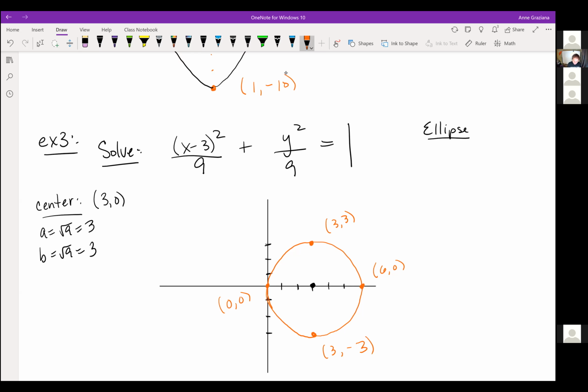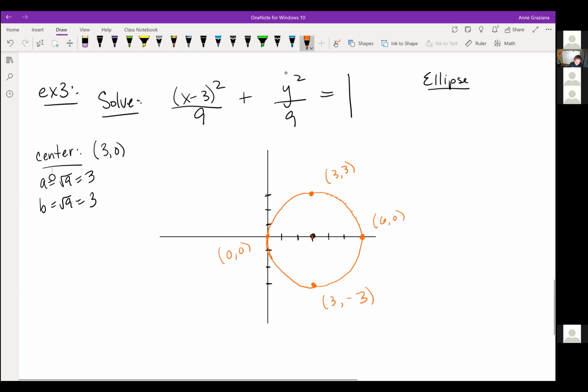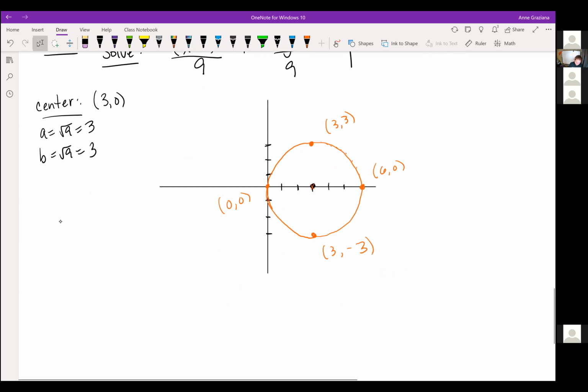This is 3 units away from the center. This is 3 units away. In fact, every point on this circle is going to be exactly 3 units away. That is the definition of a circle. So let me write that directly. So it's a circle with radius equal to 3.